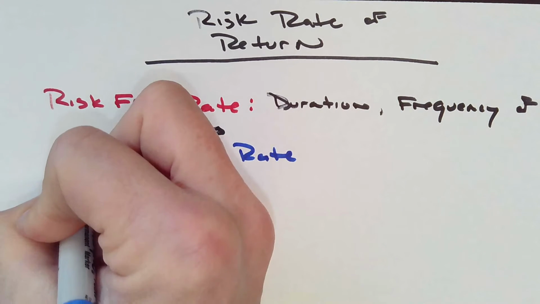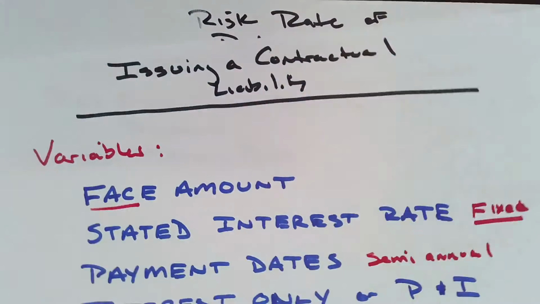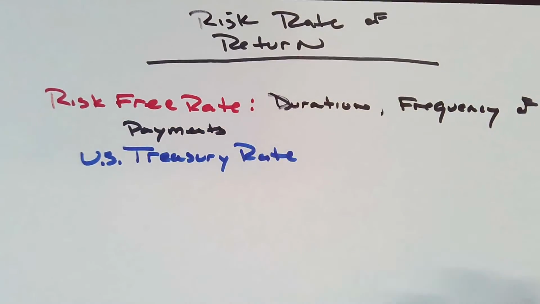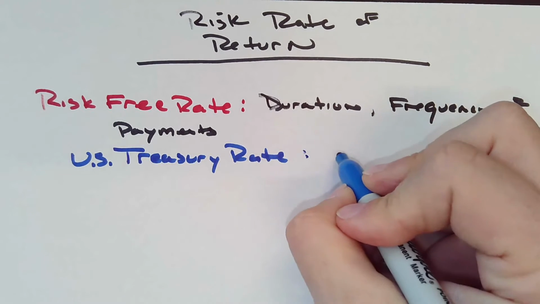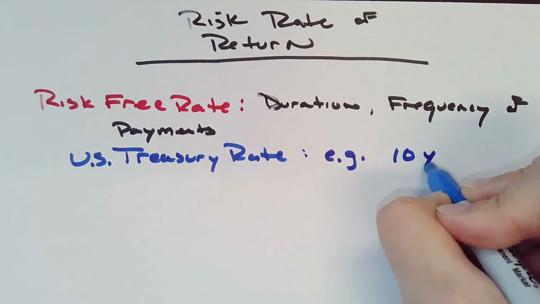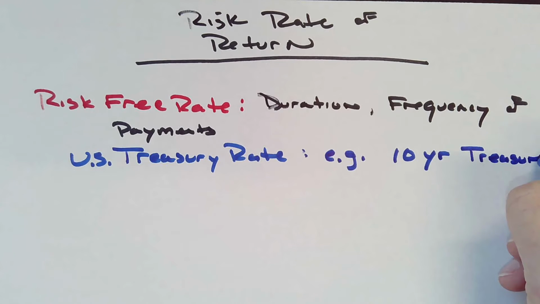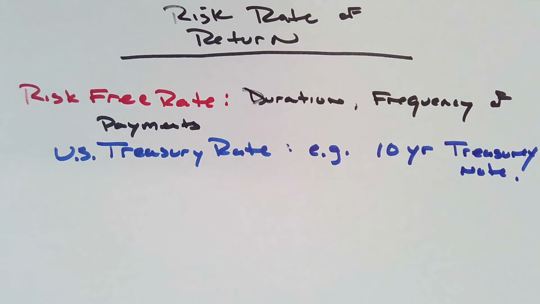The US treasury rate. So if this contract that we're looking at was a 10-year note, 10-year debt, 10-year bond, then we would use, for an example, the 10-year treasury note as the risk-free rate. And we'd start there, right?